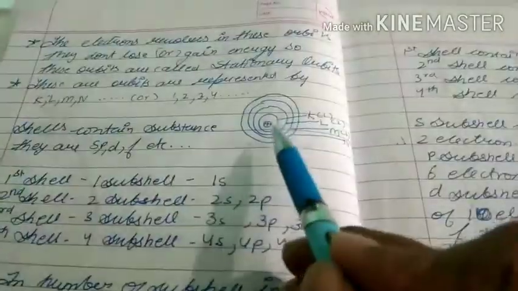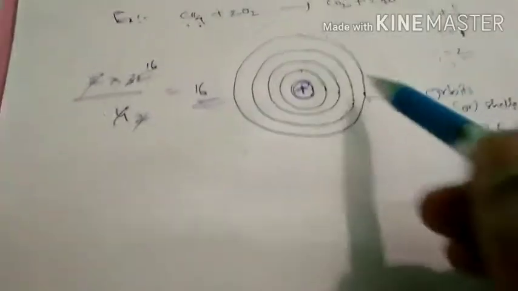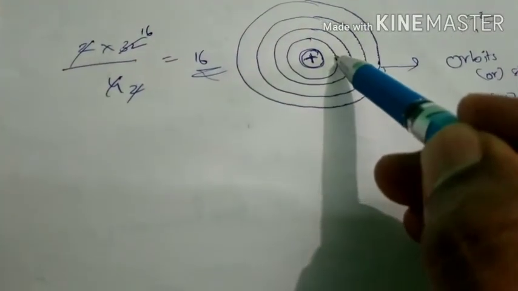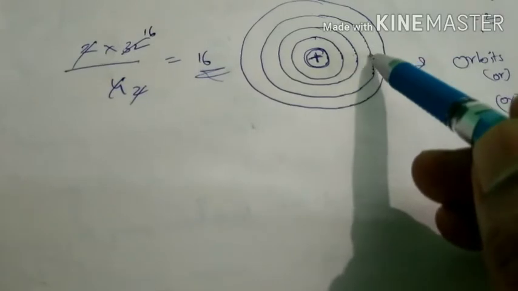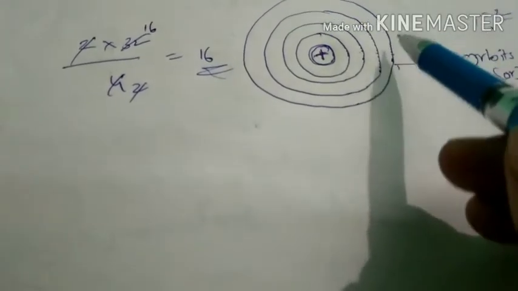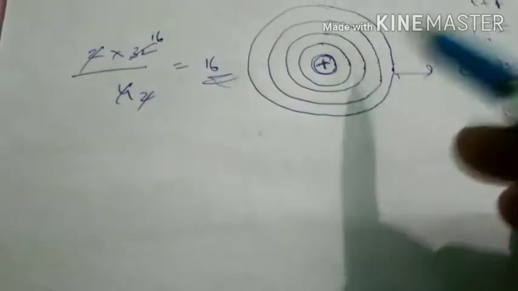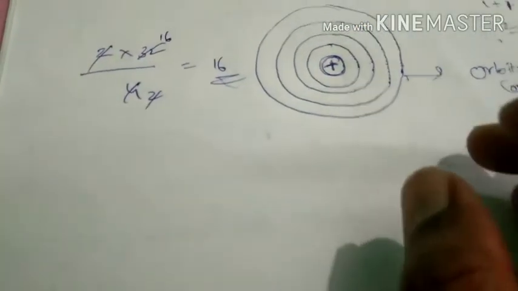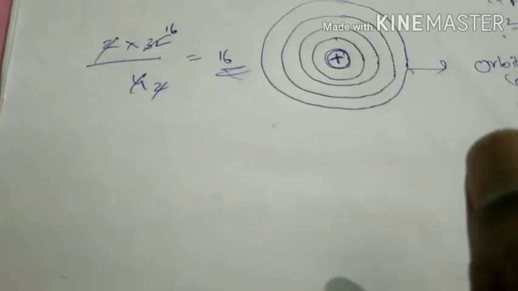This is the first orbit, nothing but K. This is the second orbit, nothing but L. This is the third orbit, nothing but M. This is the fourth orbit, nothing but N. Like that, so many orbits are present in an atom. Infinite orbits are there.